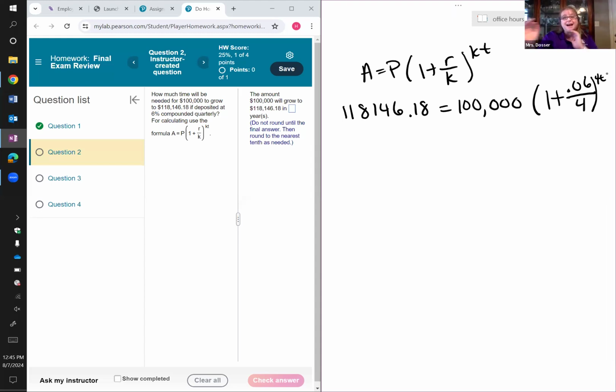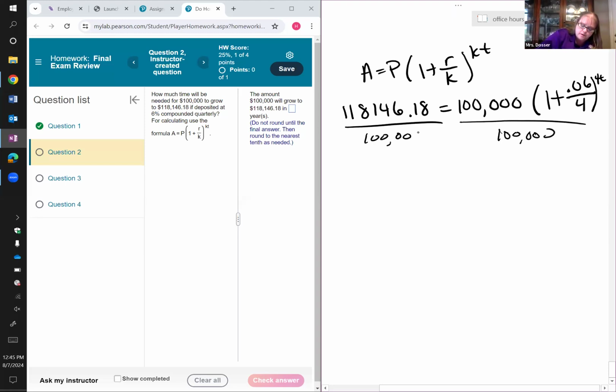Notice it's 100,000 times that exponential, and so we can undo that multiplication by dividing. So we're going to divide both sides by the 100,000. Over here on the left, we're going to end up with 1.1814618.